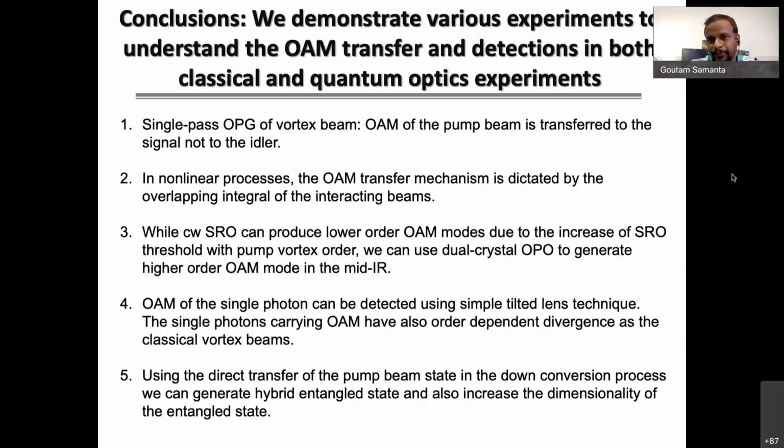Let's say omega s is low, then omega i will be high, and vice versa. There is no upper bound for this, but the limit comes from the phase matching condition of the nonlinear crystal or the transmission window of the crystal being used. So in principle, you can generate any wavelength you want from a single laser. That is what we are trying to say.